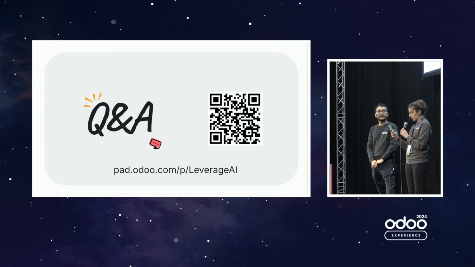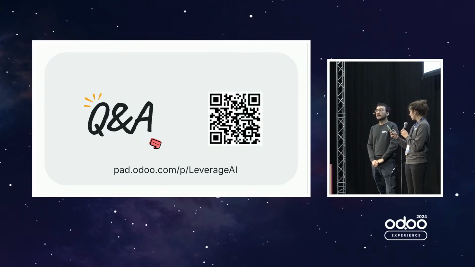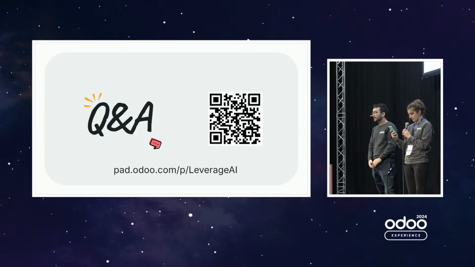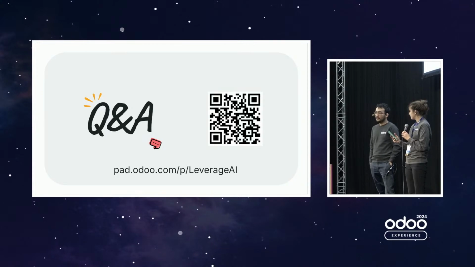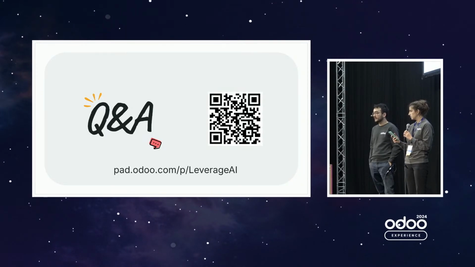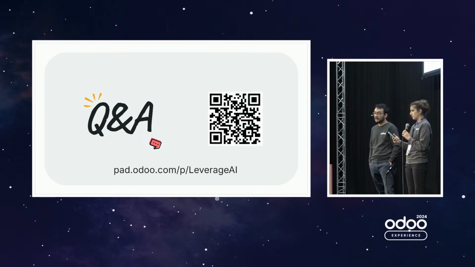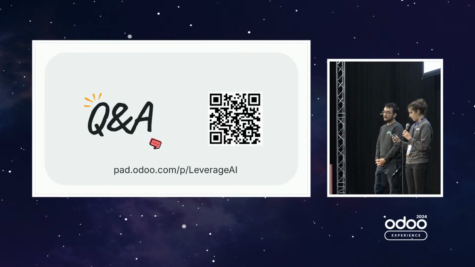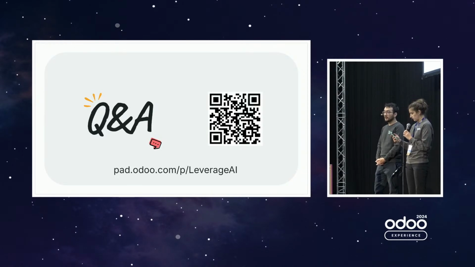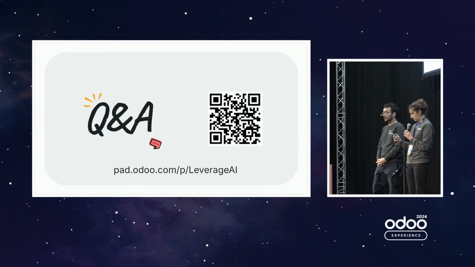Can we expect these features to stay free? Well, in my experience, the API is actually getting cheaper over time. Now, of course, more advanced models are more expensive, but the trend for most of them is that they become cheaper per token. As far as I know, there are no plans to make it paid at the moment.